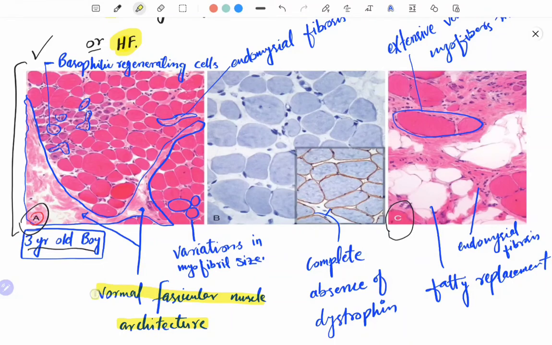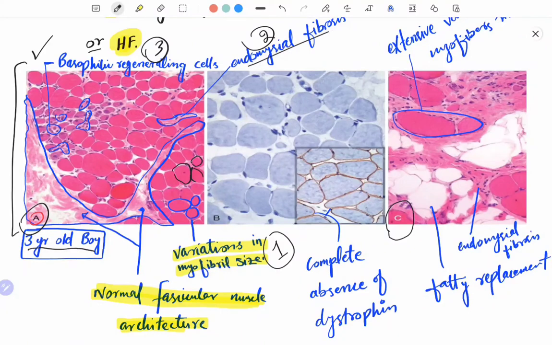You can see there is a slight variation of the myofibril sizes, not big differences, only slight changes. This is small, this is small, and this is large. And you can also see another abnormal thing. This is the second, and this is the third.